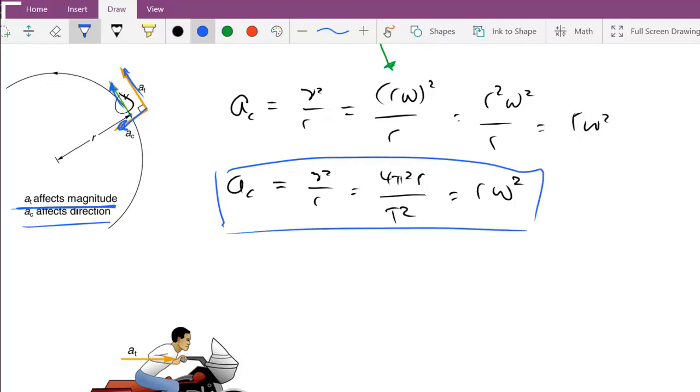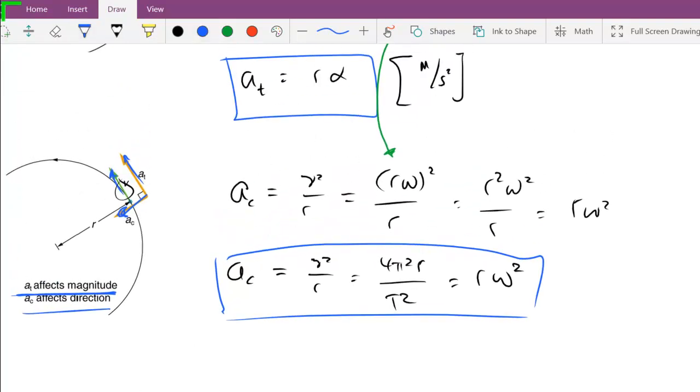And now we have acceleration in two directions for an object rotating around. Previously, we always had uniform circular motion, so we only had centripetal acceleration, but now we have a tangential acceleration as well as a centripetal acceleration.